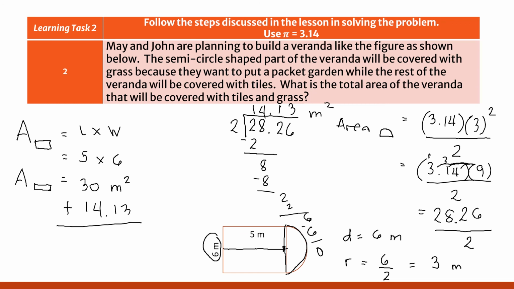So obviously, copy the decimal part, 13, and then add the whole numbers, 30 and 14. So 0 plus 4 is 4, and 3 plus 1 is 4. So we now have 44.13. Ano ang unit? Square meter. At syempre pa, ito ngayon ang sagot o yung sinasabi nating total area of the veranda covered with tiles and grass. So, this is it. Okay? Ayos.